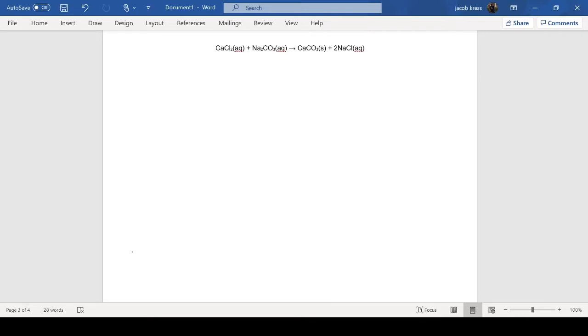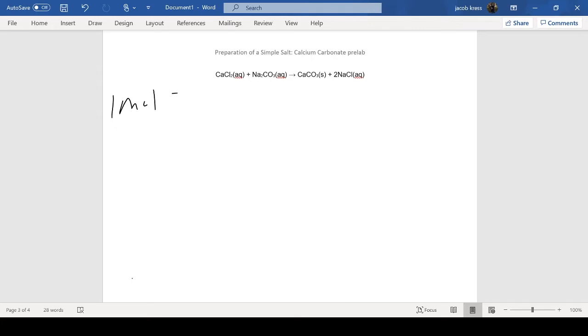So if we look at the formula, it's going to guide us on what we have to do. 1 mole of calcium chloride. Sorry guys. We are going to make 1 mole of calcium carbonate.